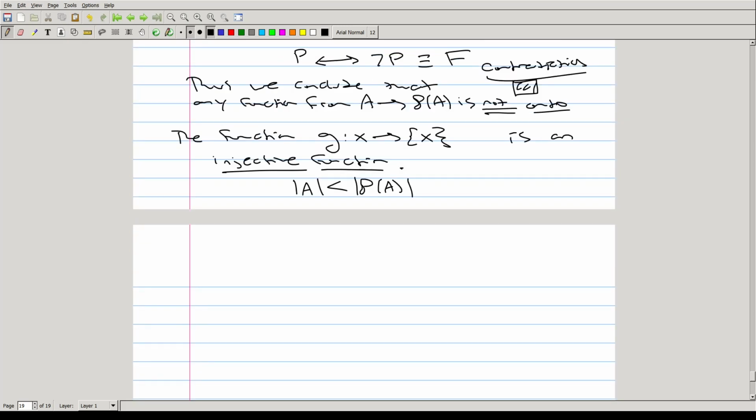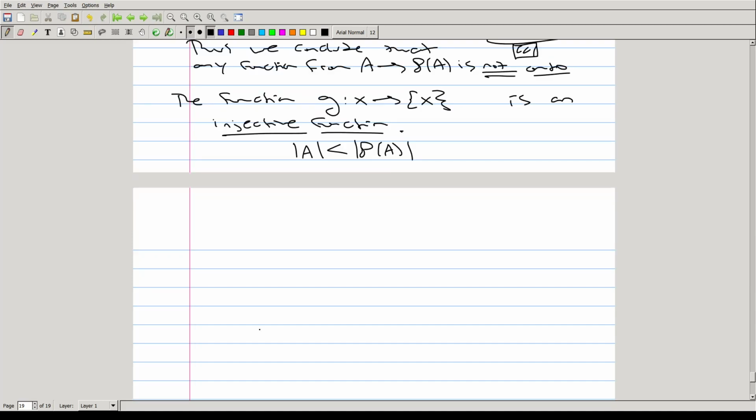Not only that, but we can go through and show very nicely that the cardinality of the power set of A will always be 2 to the cardinality of A, even for infinite sets.